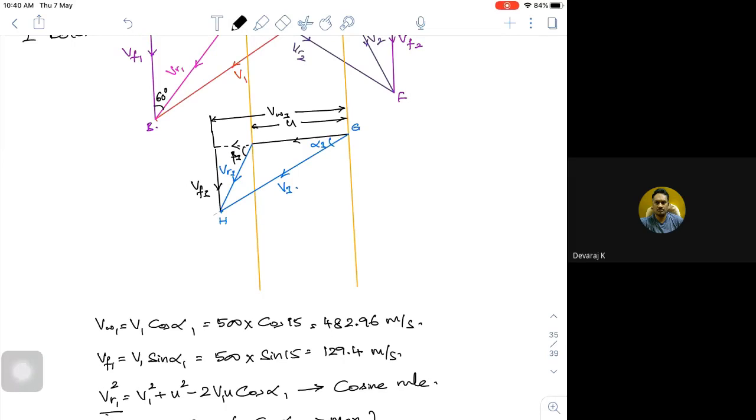Here they have not given beta 4 and all. Once you get this beta 3, since this is an impulse machine, beta 3 and beta 4 are the same. So beta 3 is equal to beta 4. With that, you have to calculate this VR3, or you will get it over here. From VR3, VR4 will be 0.9 times of it.